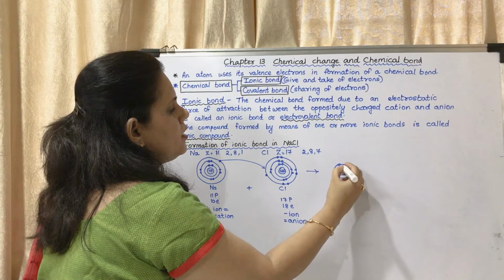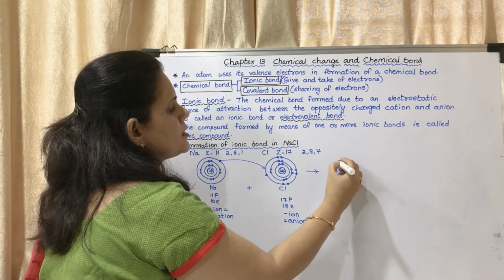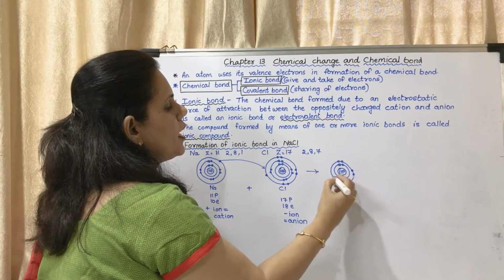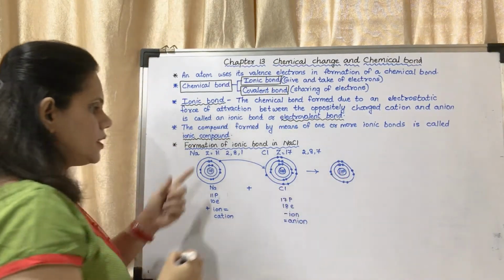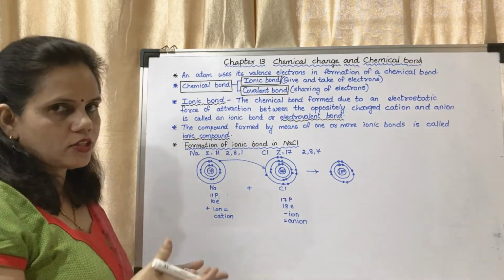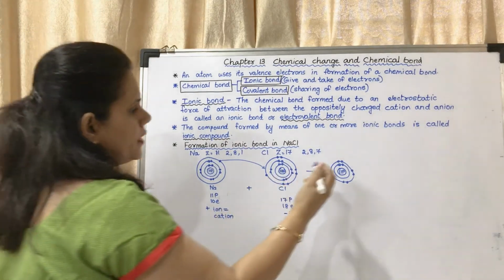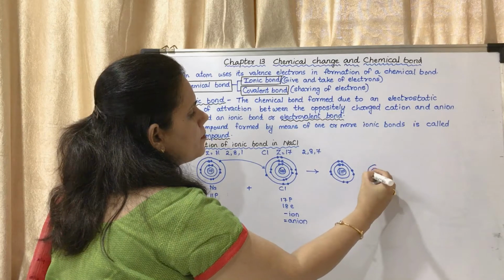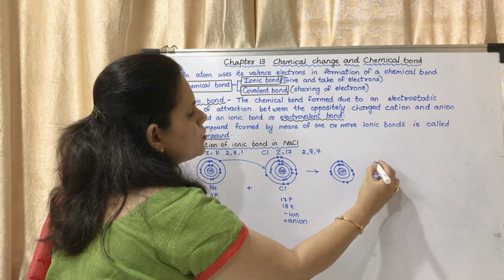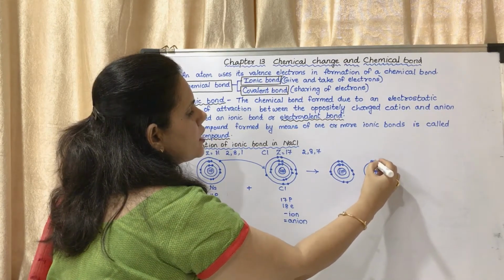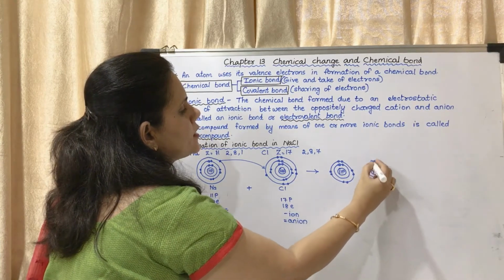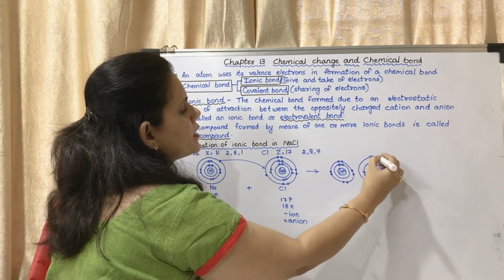The first shell with 2 electrons, second shell with 8 electrons. You do not have to show the third shell because the 1 electron has been given to chlorine. What about chlorine? It will be 17 protons. The first shell with 2 electrons, second shell with 8 electrons, and third shell with 8 electrons.